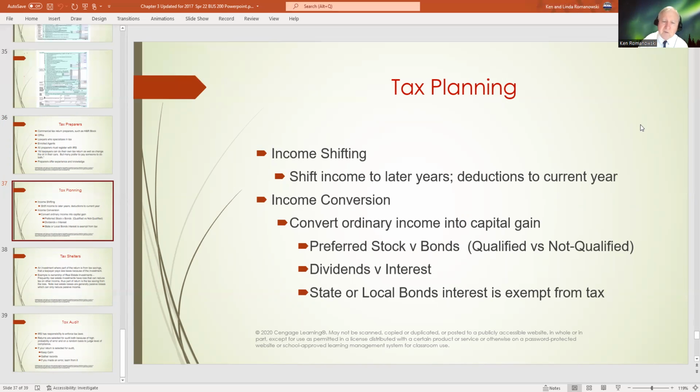You can also convert income. So if you have an investment and you want to sell it before 12 months are up, that's going to be considered ordinary income, the gain that you're going to make. But if you can wait a little bit longer, then it becomes a capital gain if you hold it for at least a year.